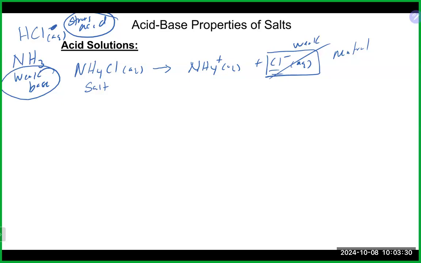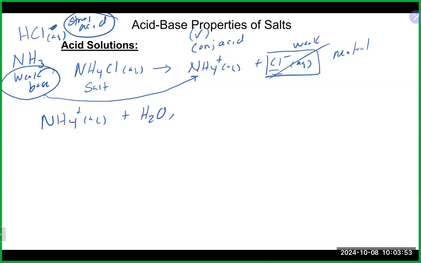And because it comes from a weak base, this is the other part that's helpful. I know that technically speaking, this is the conjugate acid, and this guy is going to go through hydrolysis. And knowing that it's the conjugate acid is going to help you when you write the reaction of ammonium plus water, to understand what's going to happen, which is it's going to act like an acid. And the Bronsted-Lowry definition of an acid is it's going to send the H plus over to the water.